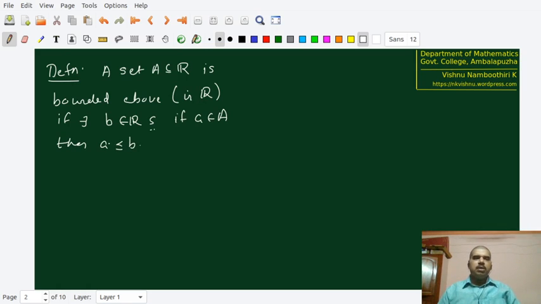That means we say that the set A is bounded above provided that we can find an element b which lies above all the elements in A.